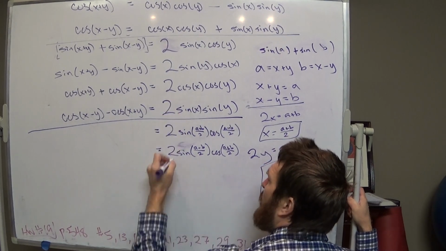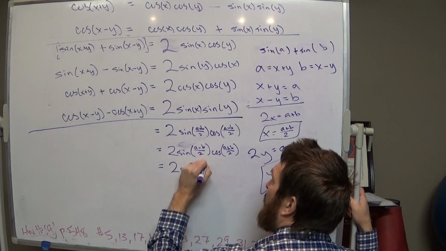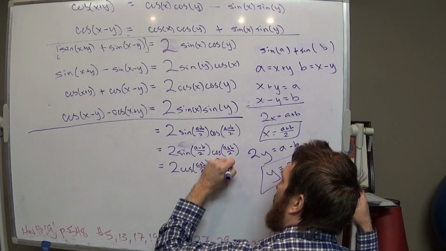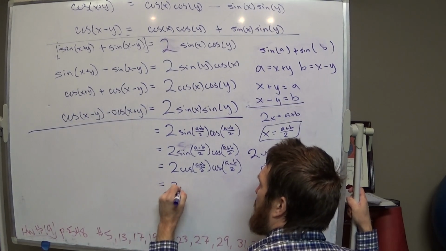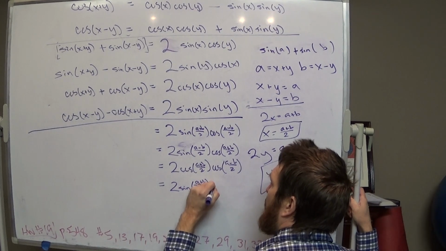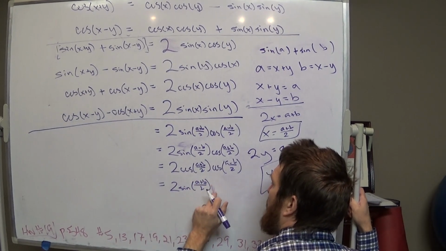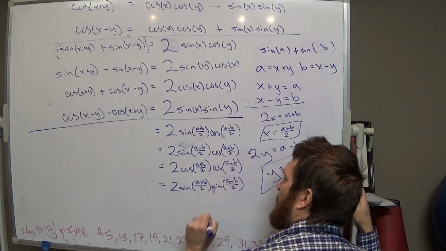This is 2 cosine a plus b over 2 cosine a minus b over 2. Finally, 2 sine a plus b over 2 sine a minus b over 2.